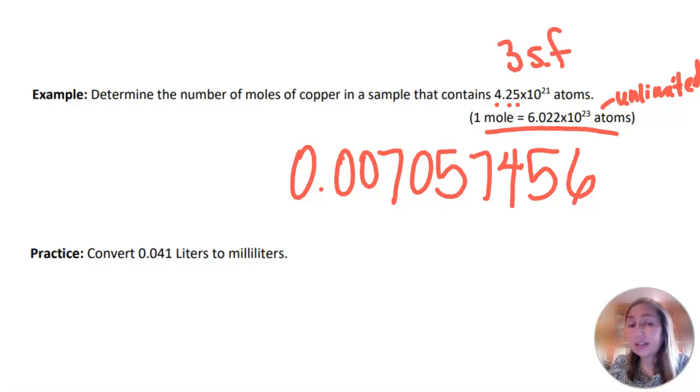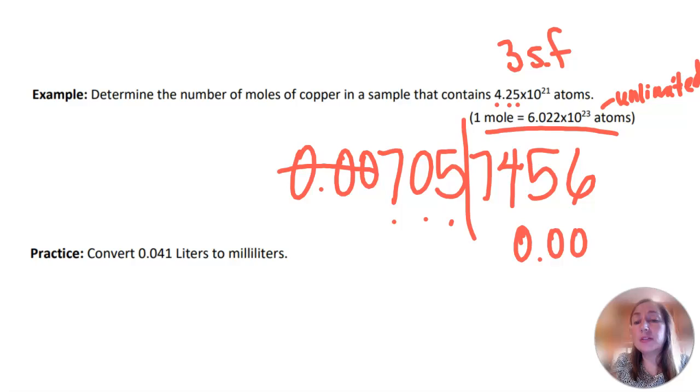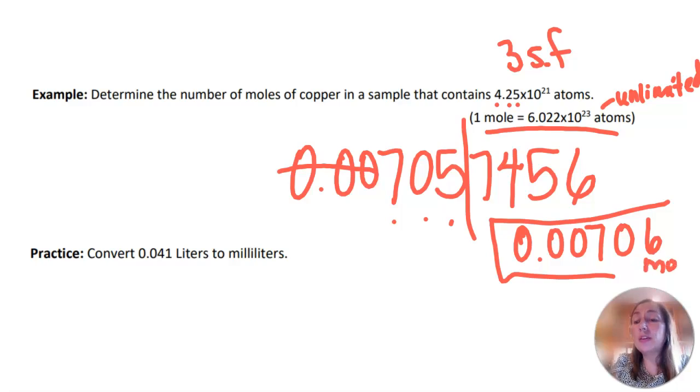So our answer needs to have 3 sig figs, so we need to cut off at 1, 2, 3 sig figs, and we'll have 0.00706 for our final answer. Oh, and by the way, the unit there is moles.